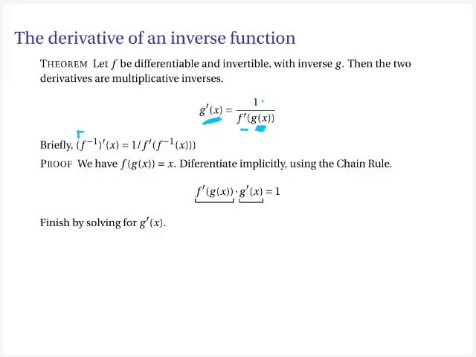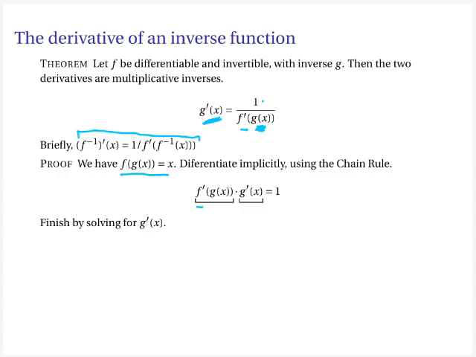All right, stated in a little bit harder to read form, but also correct form, f inverse's derivative is 1 over f prime of f inverse of x. Just use implicit differentiation: you take f of g of x equals x, and you differentiate implicitly, so you have the chain rule.